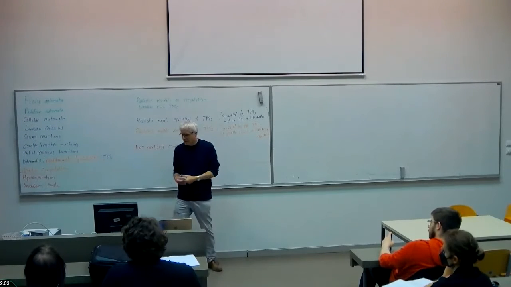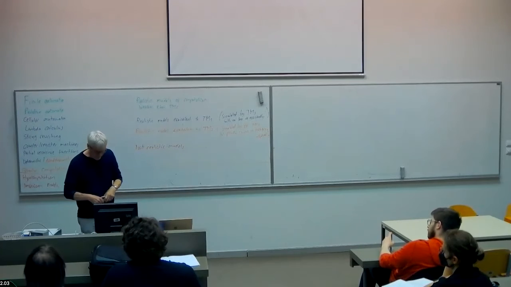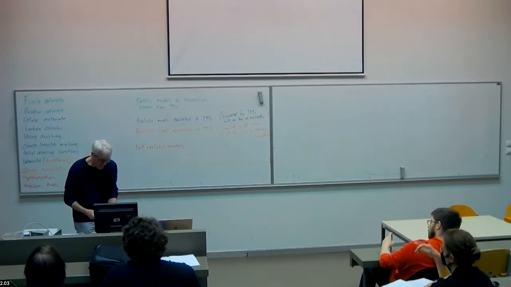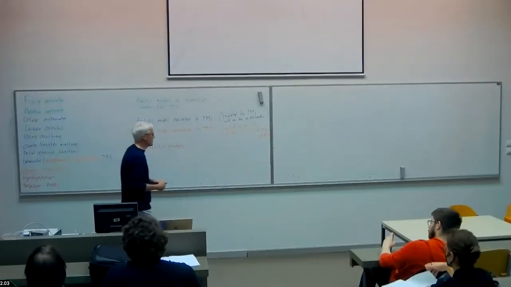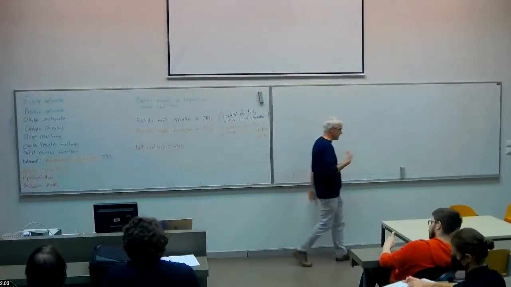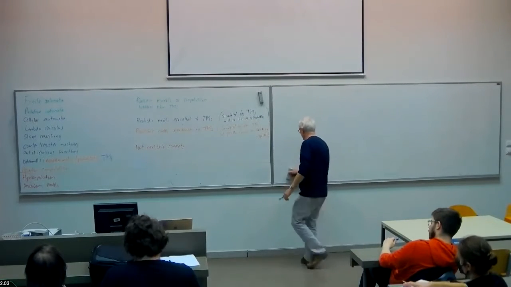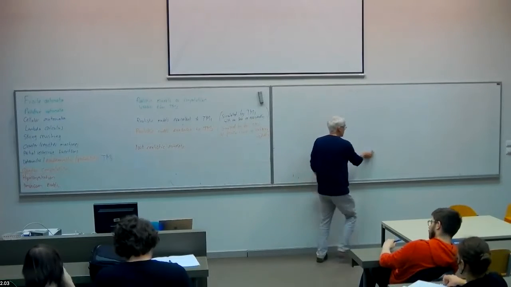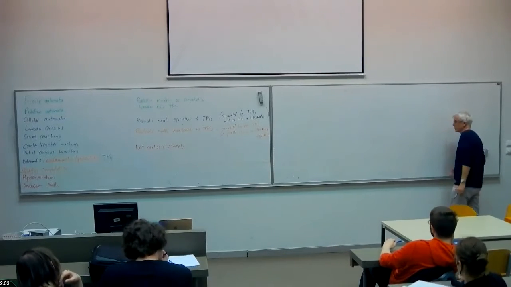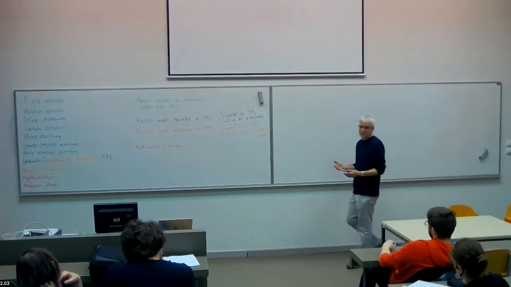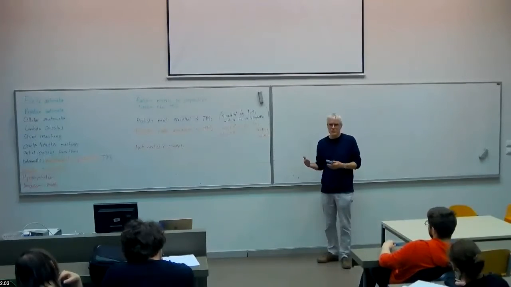So Turing actually, if you've looked at Turing's original paper, which I put on the course webpage with the first lecture, there's a good argument for why Turing machines are a realistic model of computation. Turing, in arguing that, clearly believed in what is now known as the Church-Turing thesis.